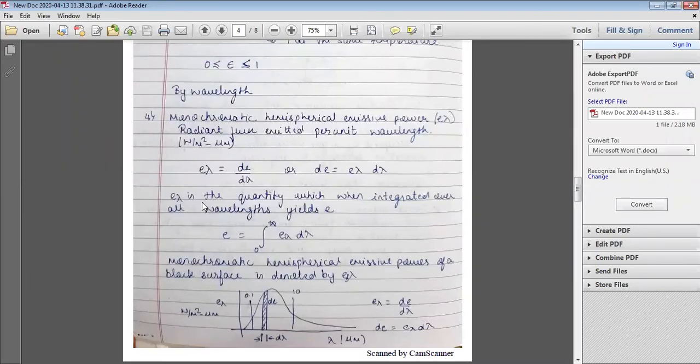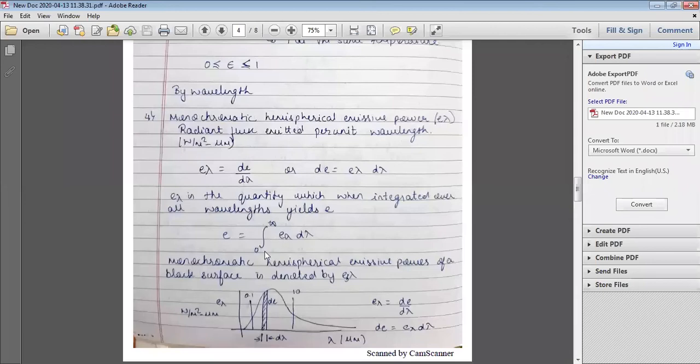E lambda is the quantity which, when integrated over all wavelengths, yields E. So I integrate this equation on both sides over all wavelengths, that is, between 0 to infinity.